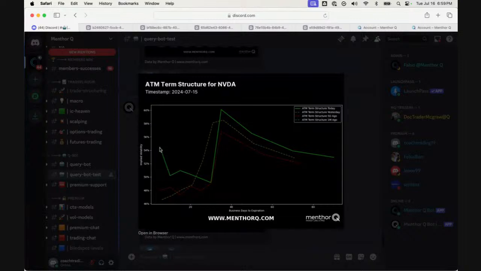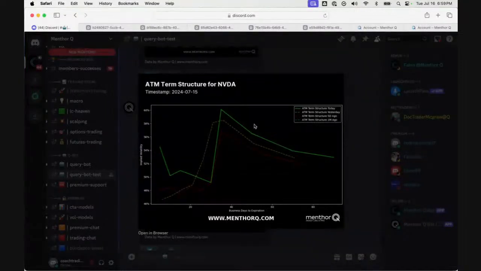Then it kind of trails off, the demand for calls trails off as we move to the right. But then we see that big spike in call demand over there, which is probably heading toward earnings. That looks like an earnings spike. So we see people are still bullish Nvidia into earnings.